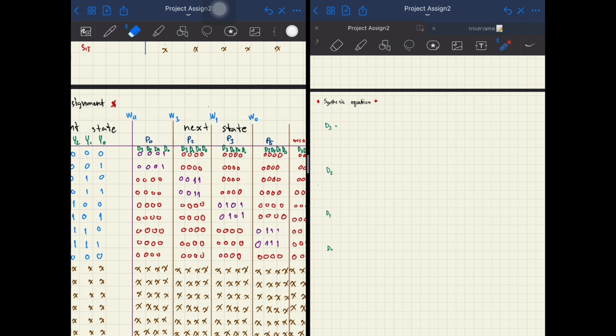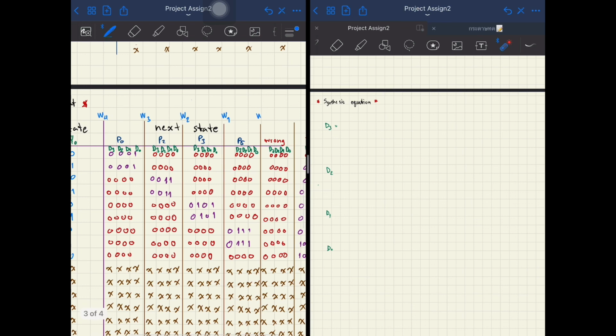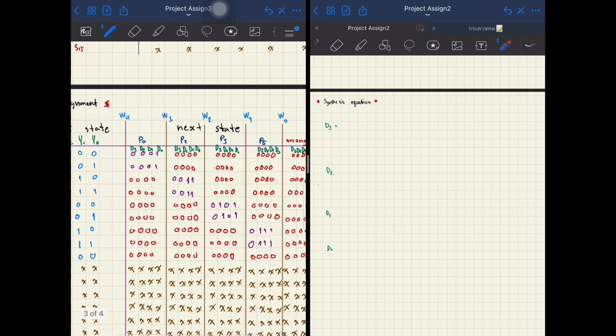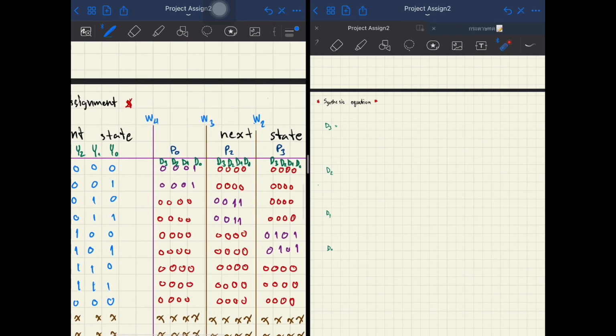Oh, sorry, I just got confused. W2, this must be W2, and W1 as P5, W0 as the wrong case, and W4 is 1 0 0 0 0, right?